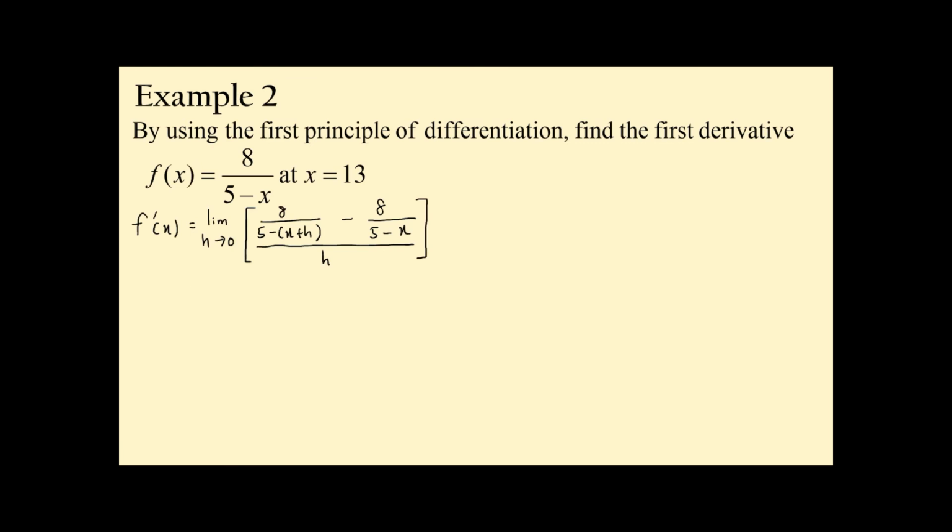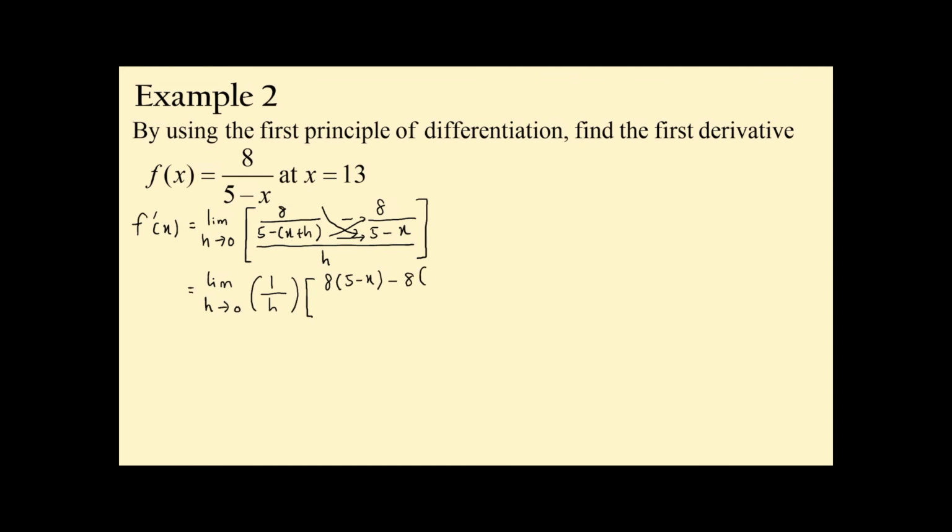Since our equation looks a little bit complicated, now we have to try to simplify our function. So this would be equal to limit of h approaches 0. Now for the denominator part, since we have only the h term there, I will factorize it outside. So we will have 1 over h times, now for the numerator part, since we have two different fractions there, I will perform cross multiply to transform this into one fraction only.